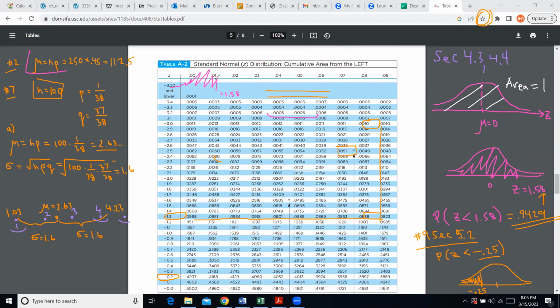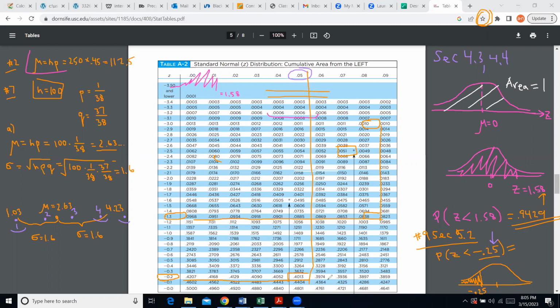Also, this 0.25 has a 5 hundredths, right? So 0.05 for the column. So when I follow the row with negative 0.2 on the start, and then go down and follow the column under 0.05, I will get this area.